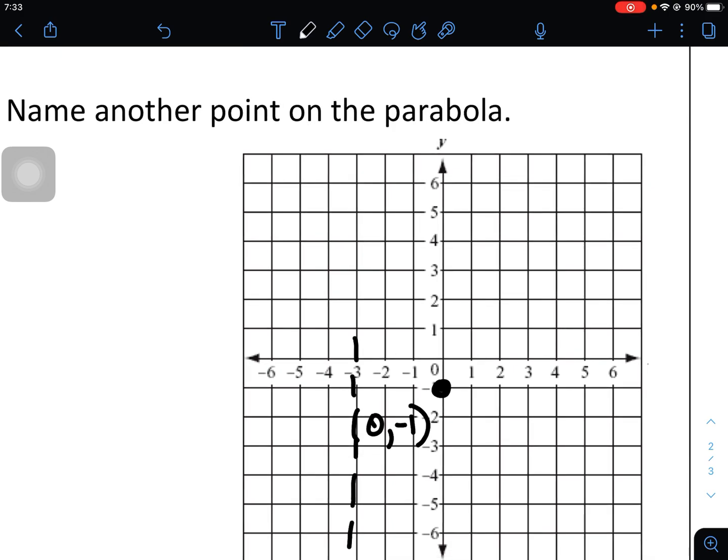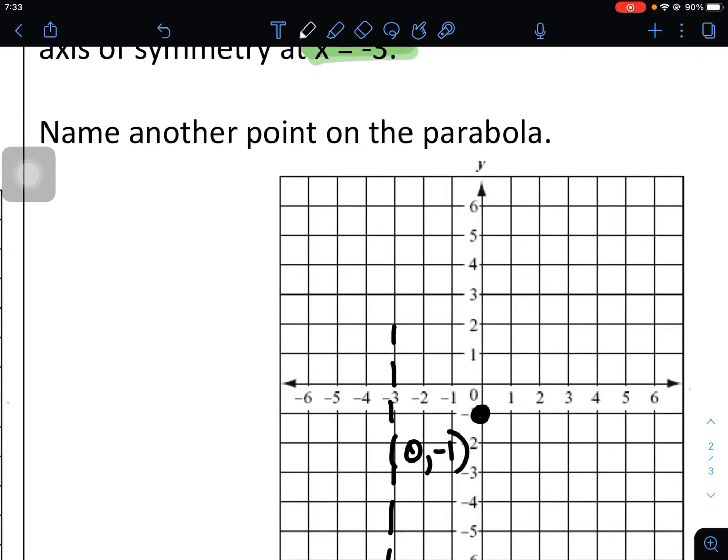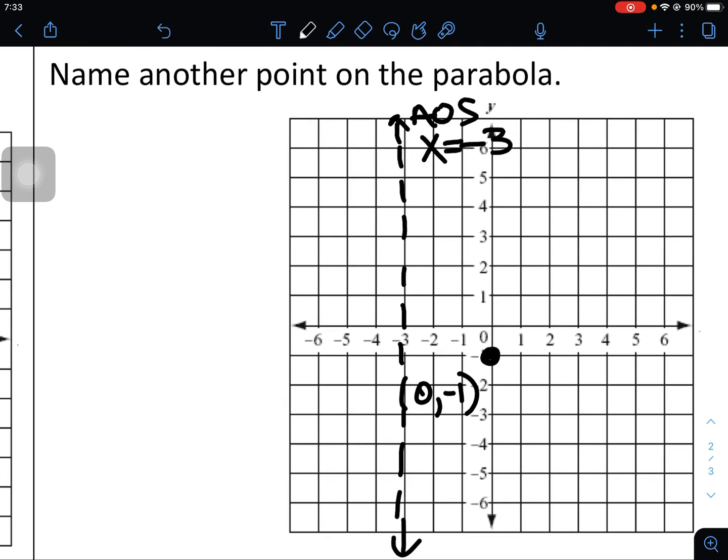Again, that's a vertical line straight up and down. Goes through that x value of -3. Because it's a vertical line, it has the equation x equals the x value that it passes through, in this case, -3. So we're counting again. How far away are we from the axis of symmetry? In this case, 3 units.